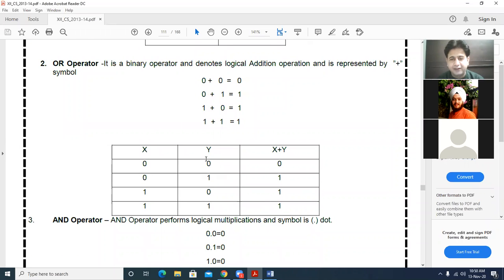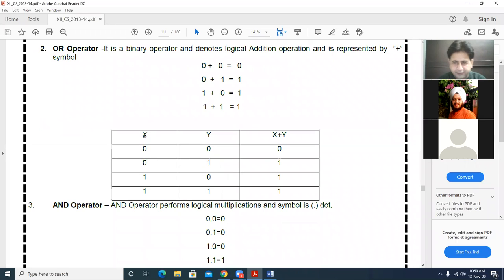Look here. We have two variables. One is X, another is Y. If X is true and Y is true, we know that the overall result is true. If X is false and Y is true, because there is one true value, the overall result is 1.